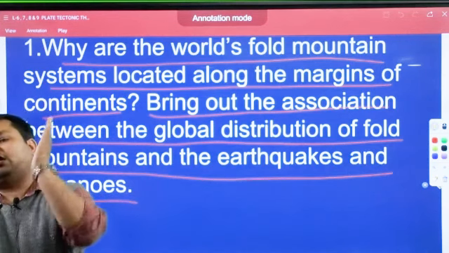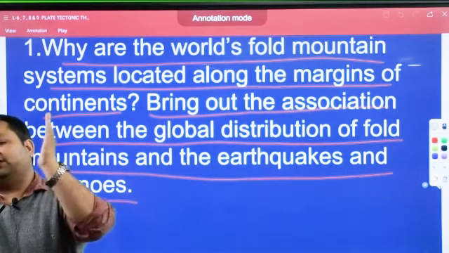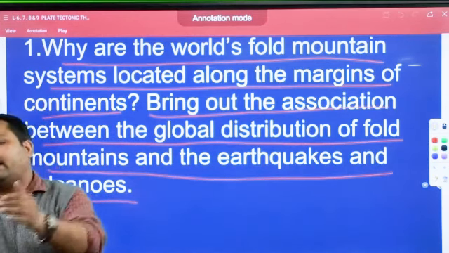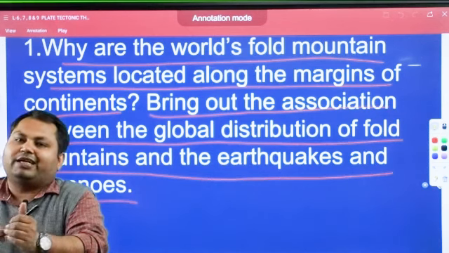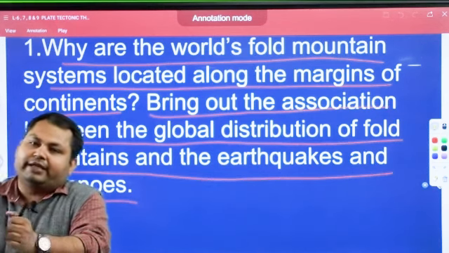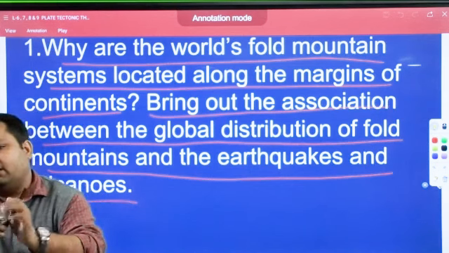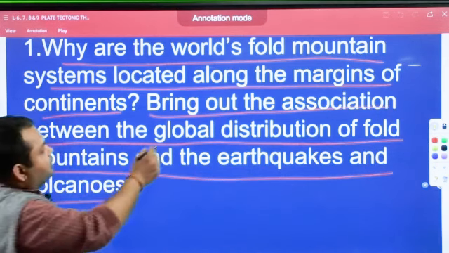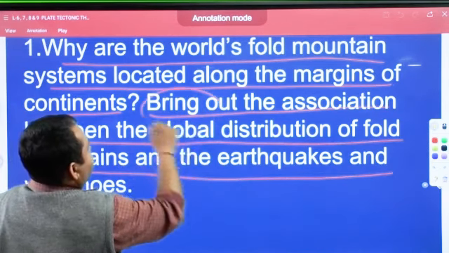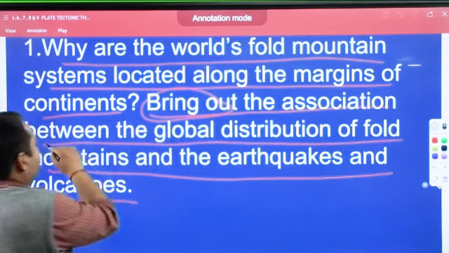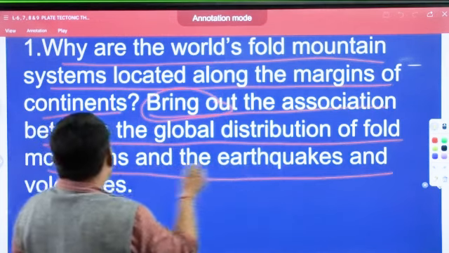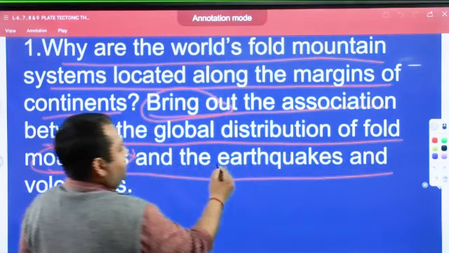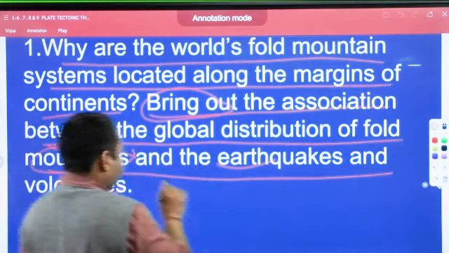If we talk about the Rockies, the Andes, Alps, Atlas, these mountain systems are located along the margins of the continents, right? And the second part of the question is, bring out the association between global distribution of fold mountains and earthquake as well as volcanic eruption.